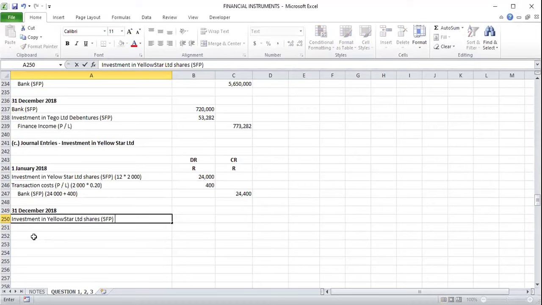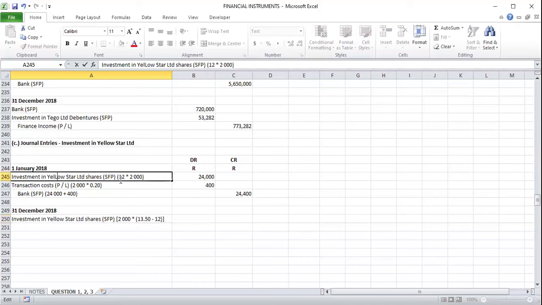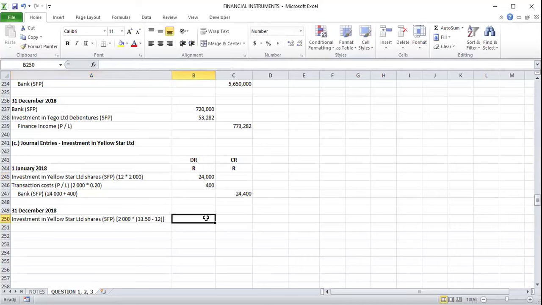That would be the difference. We would say 2,000 multiplied by 13.50 minus 12. What do we get? 3,000.